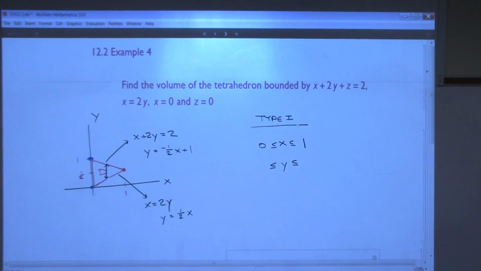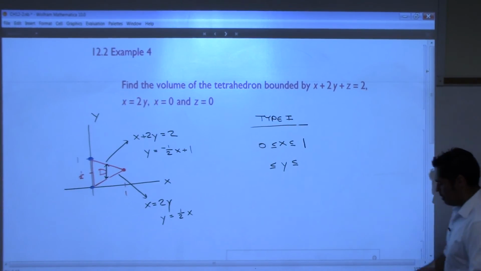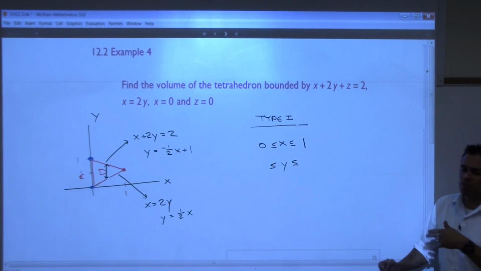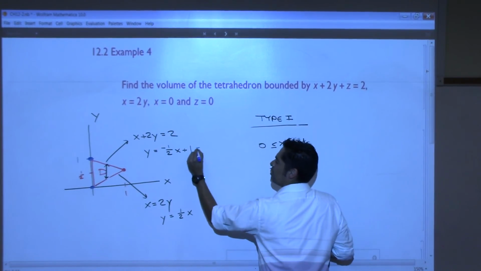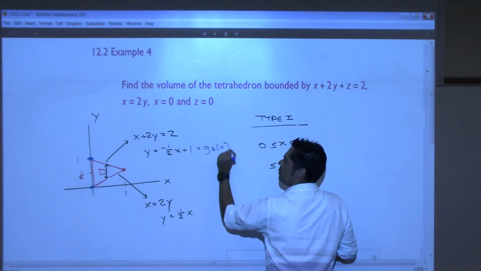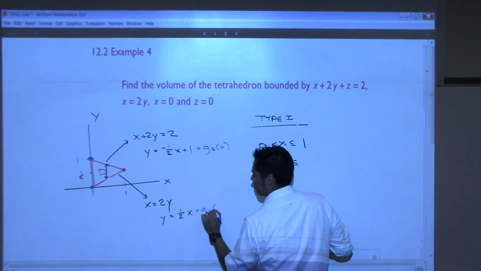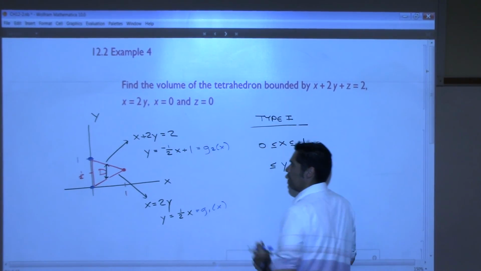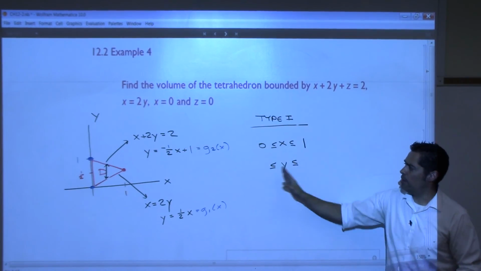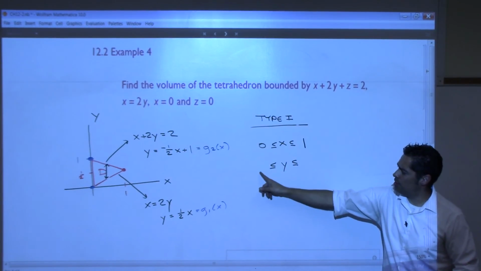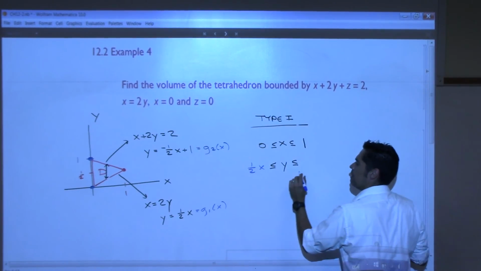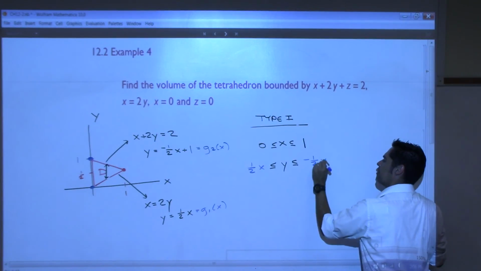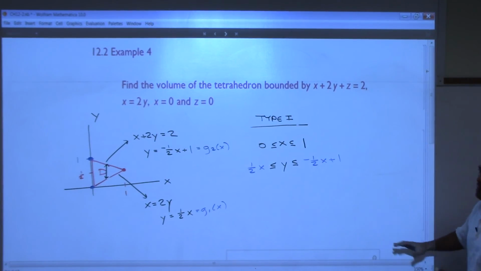And in terms of matching up with the formulas we're using, this one would be g sub 2 of x. This one would be g sub 1 of x, wouldn't it? Okay, so now writing it this way, what's the lower limit of y? 1/2 x, and the upper would be negative 1/2 x plus 1. There you go. That should be everything we need to set up the double integral.